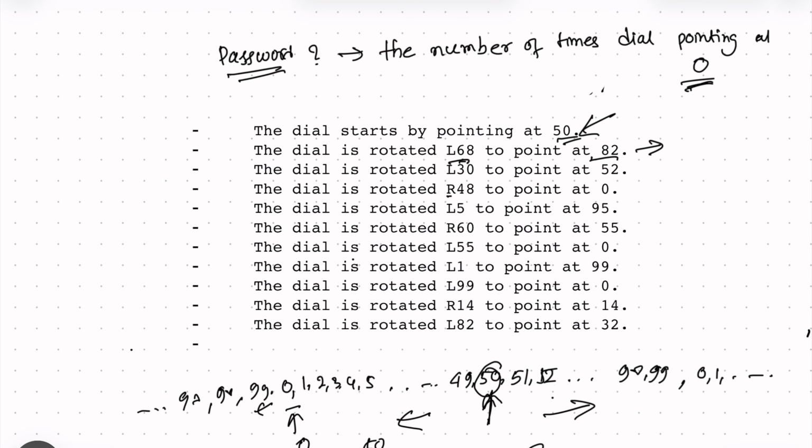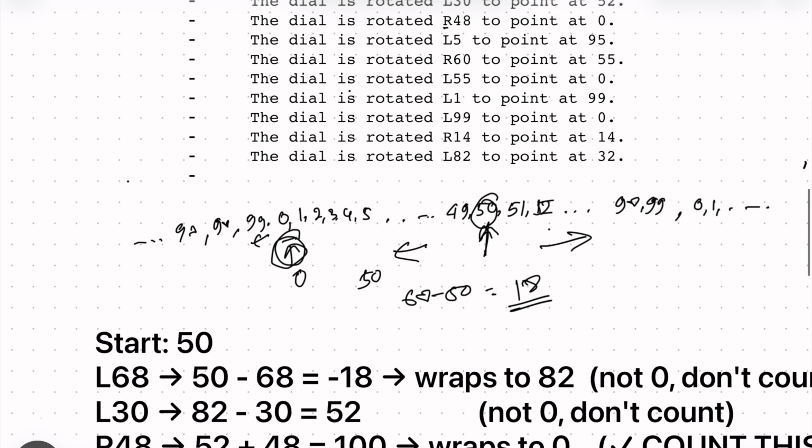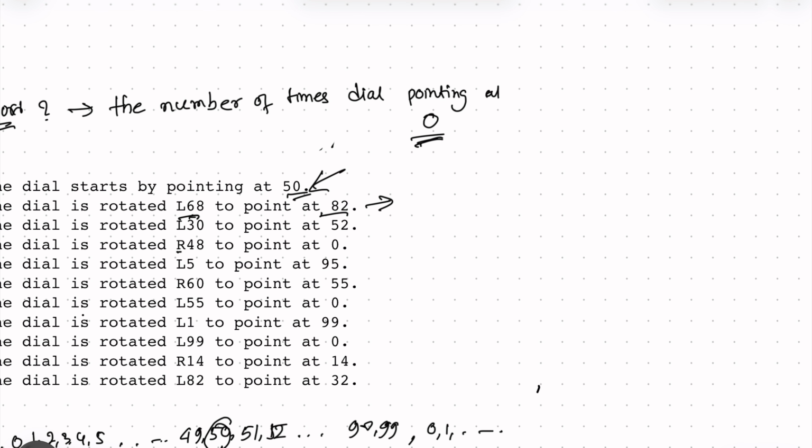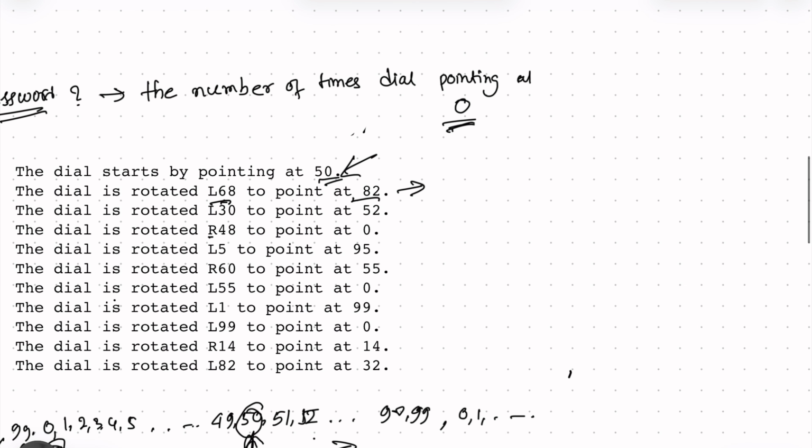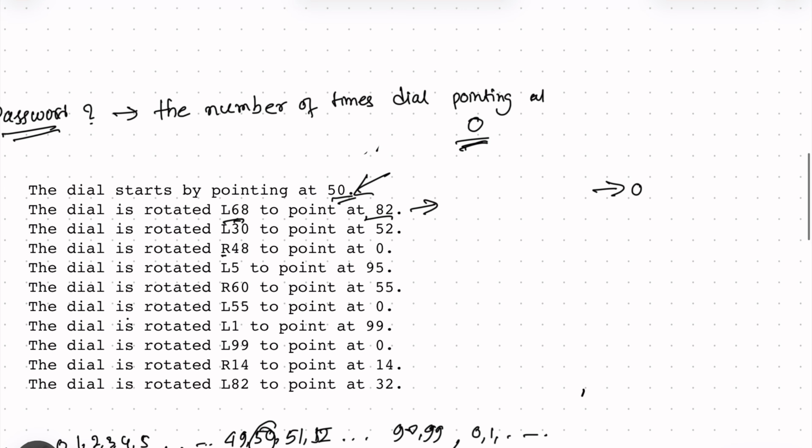So after reaching 0, we again have to go 18 steps in the left direction. Now we are at 0, so we are starting from 0. Now we have to go 18 steps towards the left.